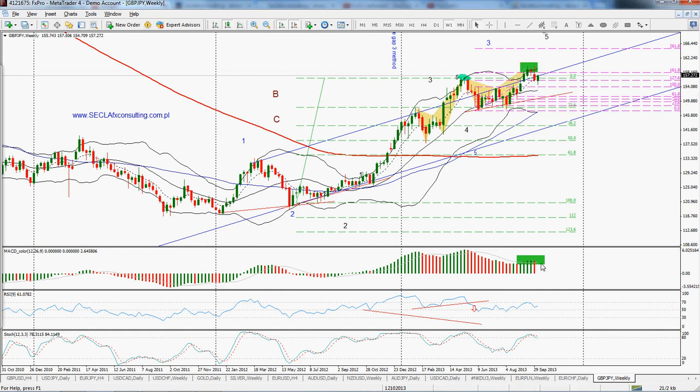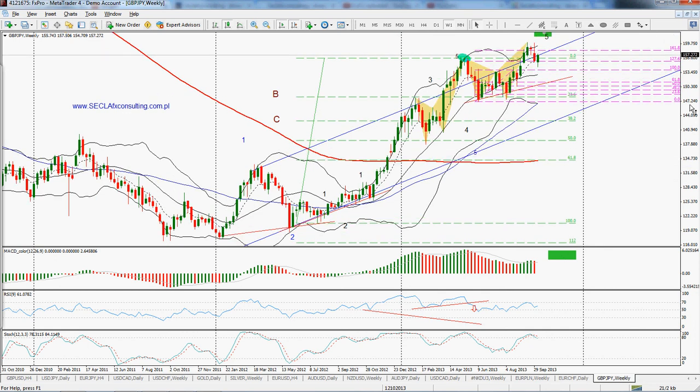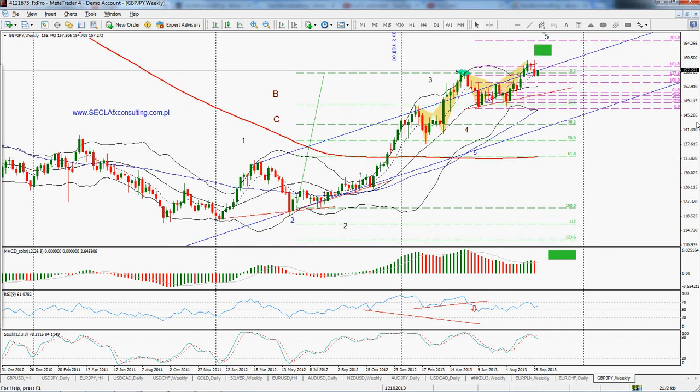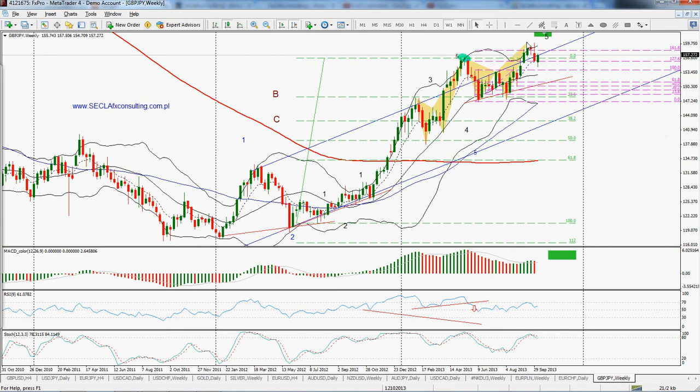I was already talking about this divergence, but I'm expecting that the market will most probably move a little bit higher, and the divergence will be visible even more. So this is not done yet, most probably. This is what may happen, what is still on the way.